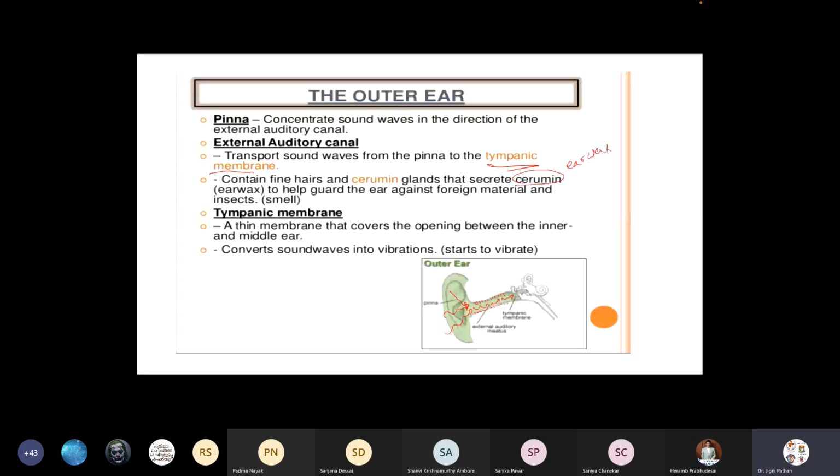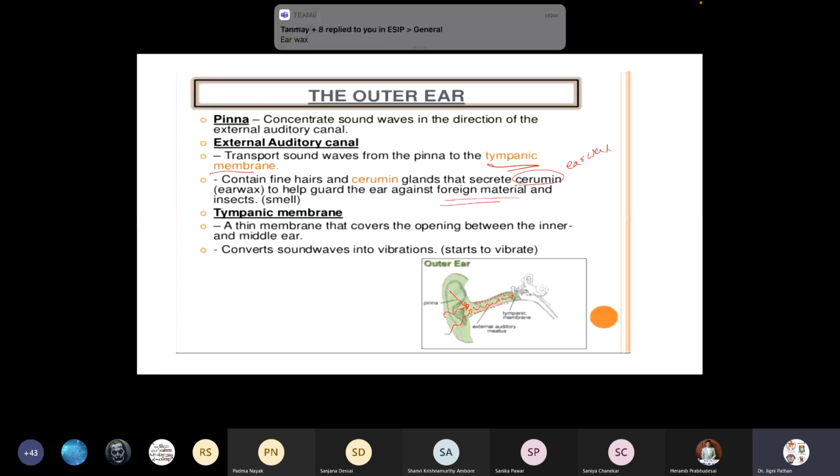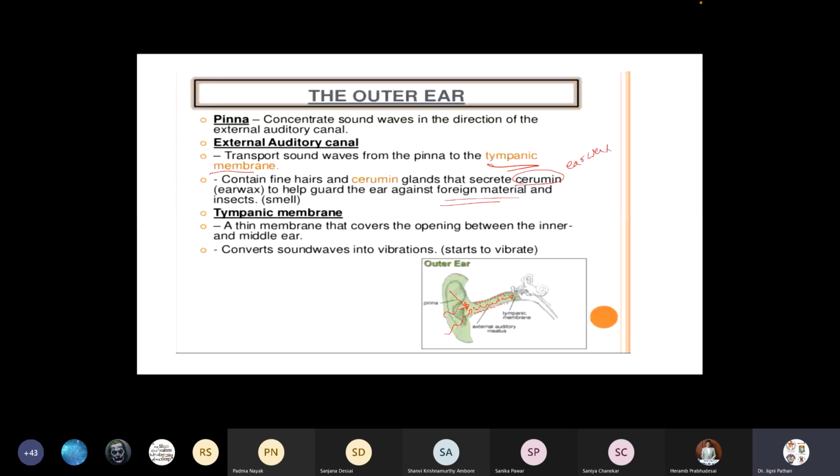Tympanic membrane is a thin membrane that covers the opening between the outer and the middle ear. The sound waves moving from the external ear will hit the tympanic membrane, and it converts the sound waves into vibration. Are you all getting the point? Very easy.